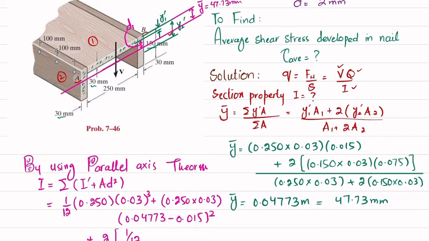Now we calculate the moment of inertia for this one. Its breadth is 30 millimeter and height is 150 millimeter. So 1 over 12 times breadth 0.03 into height 0.150 whole cube, plus area 0.03 into 0.150 into d square. Now what is d square? It is the distance from the neutral axis to the mid of the second section.